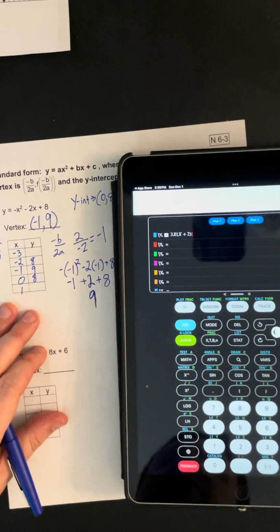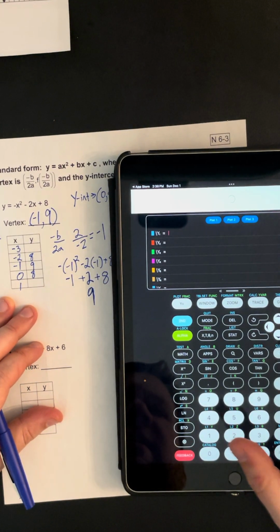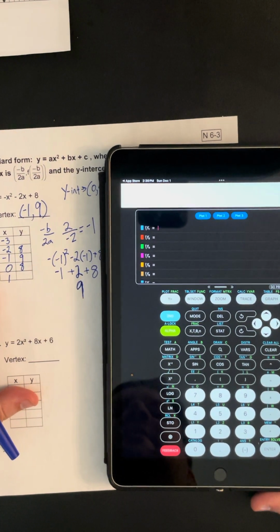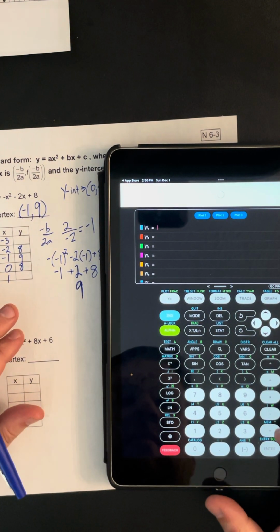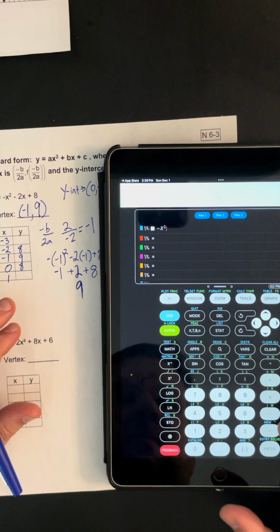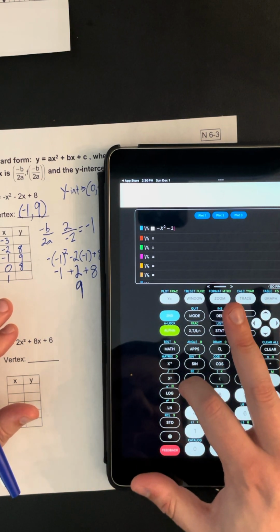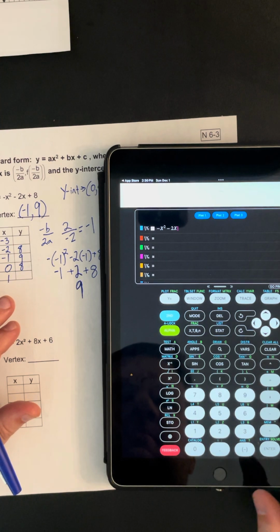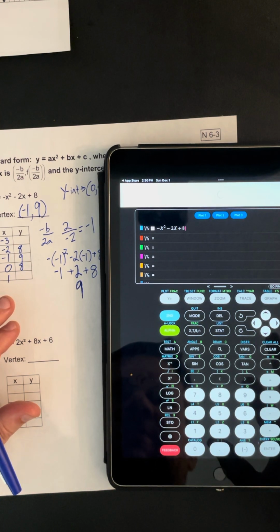Since we've got the vertex already, we will put this in our calculator and get it from there. So negative x squared minus 2x plus 8.